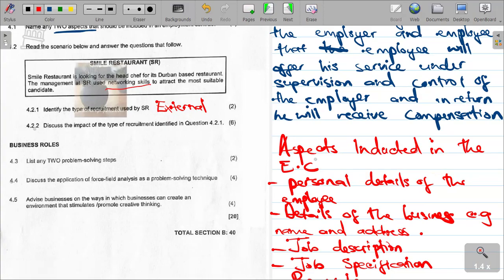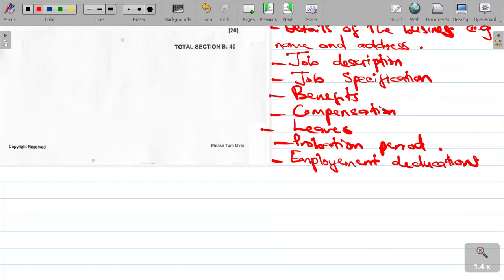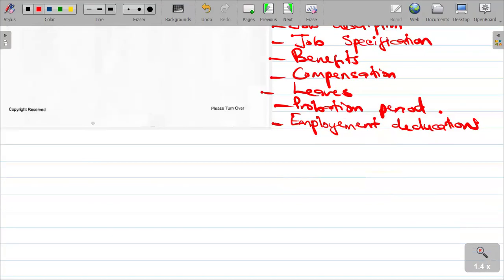So let's go to 4.2.2, discuss the impact of the type of recruitment identified in 4.2.1, which is external. So I'm going to discuss the impact of the external recruitment. Remember, when you are asked to discuss the impact, make sure that you understand that you need to include the advantages and disadvantages, right?